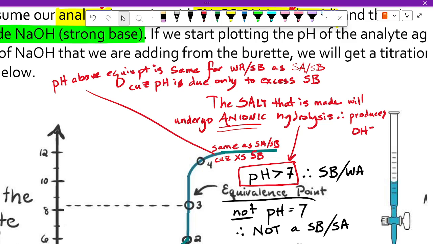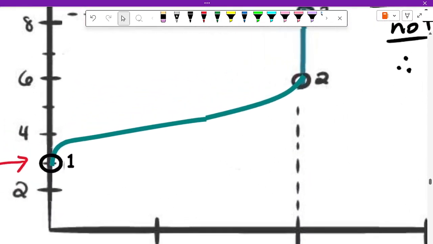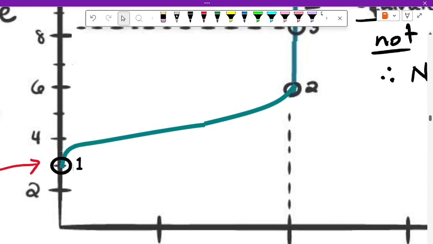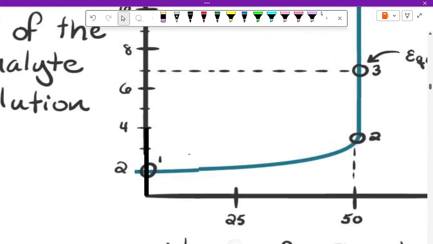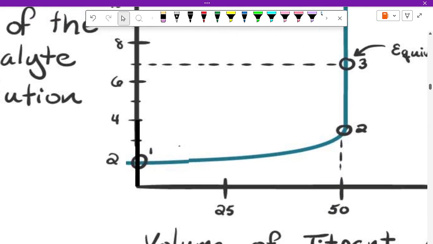There is one other feature that perhaps you might notice that's different. So here is the weak. Here is the strong. Yeah, there's a little hill at the beginning. So if you see that little hill, that is a giveaway that you have a weak, strong.